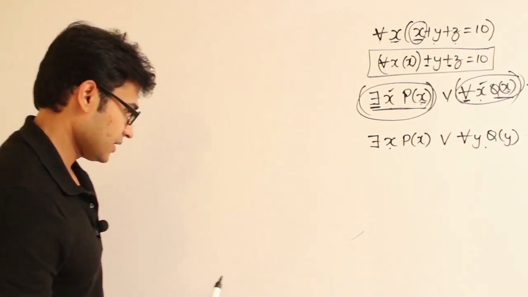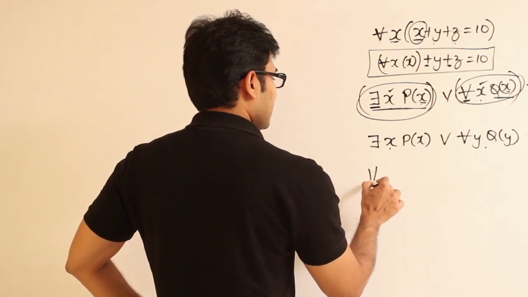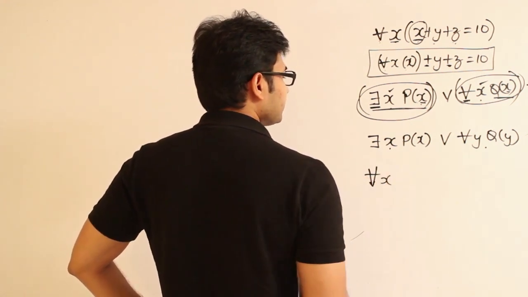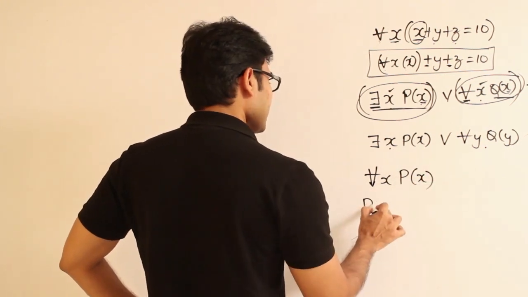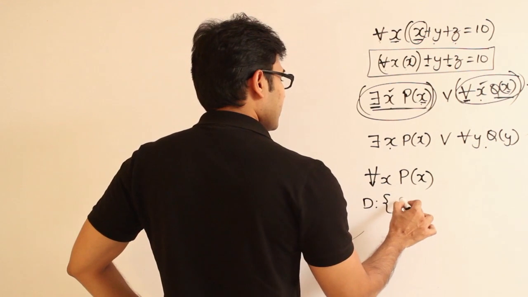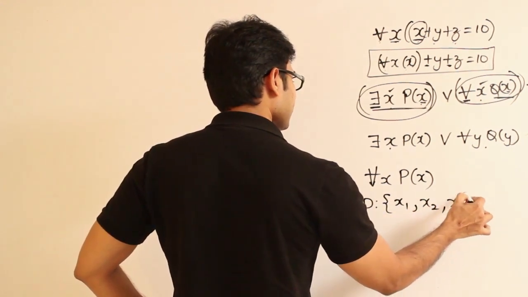So I'll just tell you an example. Let us say we have a quantifier like this: for all x is there and the propositional function p of x is there. Let us say the domain of discourse is x1, x2, x3, right?